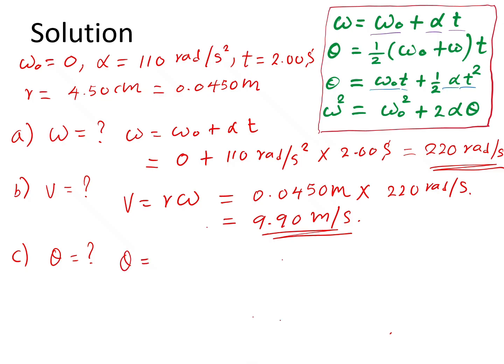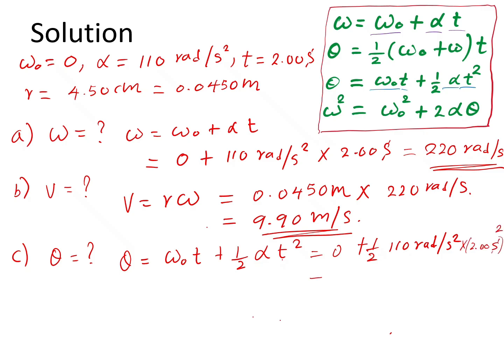Theta equals initial angular velocity times t plus half angular acceleration times t squared. And we can substitute the values. So the initial angular velocity is 0 plus half alpha, 110 radians per second squared, times 2 seconds squared.